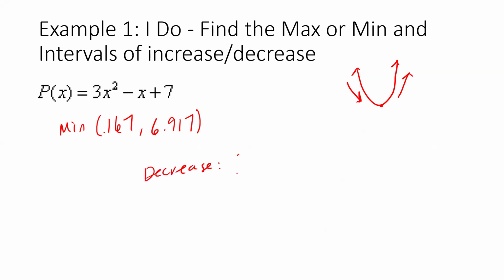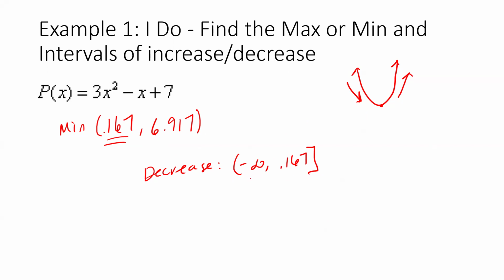And we decrease from negative infinity. From left to right, we decrease up until, and it's always going to be using your X value to describe. X marks the spot, okay? So we decrease all the way up until we get to this point, which is at 0.167. Yes?